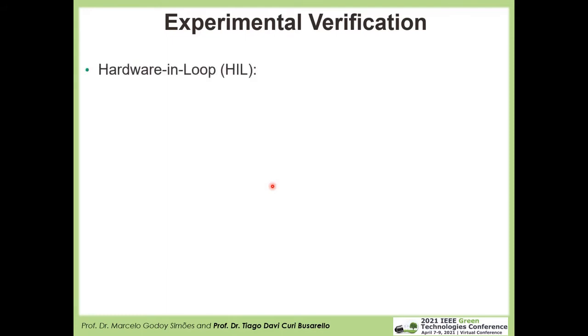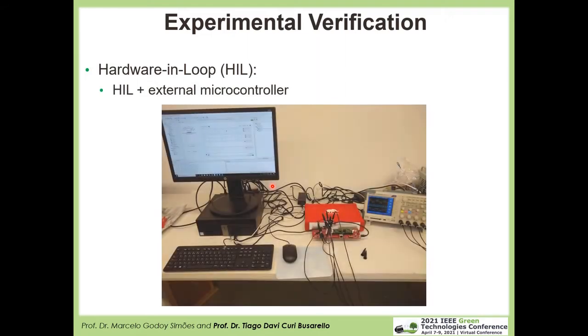The third option is the hardware in the loop. In this case, you need to have the hardware in the loop plus an external microcontroller. This picture shows such a situation. In red here we have the hardware in the loop device, and in green we have the control card of the digital controller, our microcontroller. In this case, the microcontroller is interacting with the hardware in the loop.